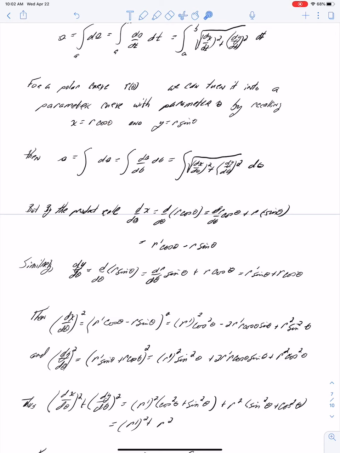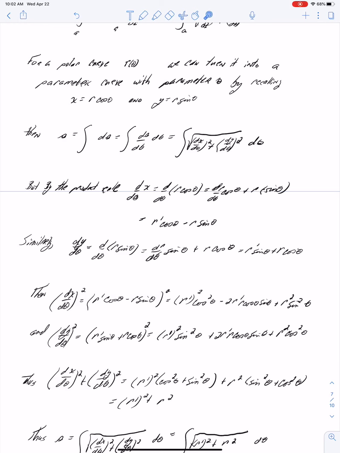dx/d theta is d/d theta of r cosine theta, which is dr/d theta, the derivative of the first, times cosine theta, plus the first, which is r, times the derivative of the second, which is minus sine theta. I clean that up. dr/d theta is just r prime, so it's r prime cosine theta minus r sine theta.